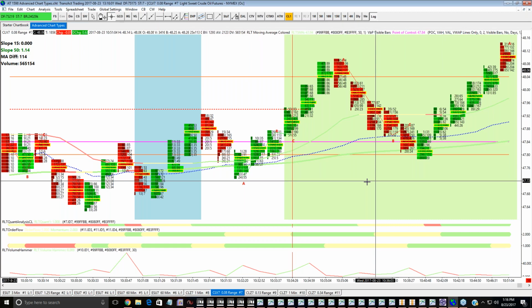On NinjaTrader, we're looking at the number of buyers and the number of sellers sitting on the dome, not the executed trades. On this platform, you're looking at the actual executed trades at any tick level.